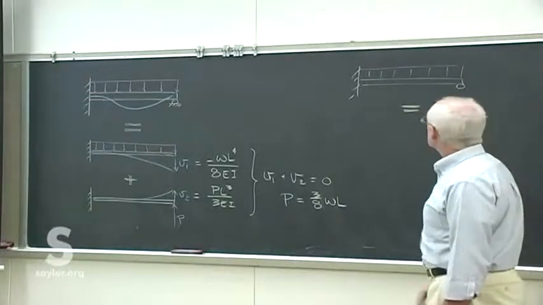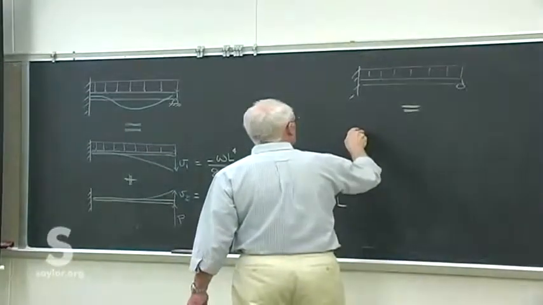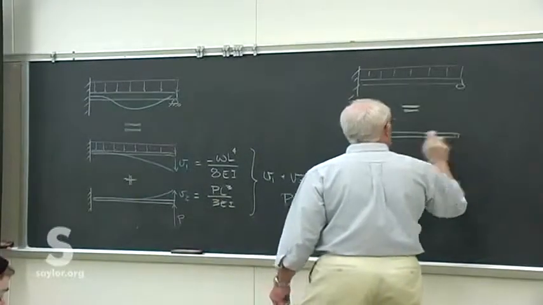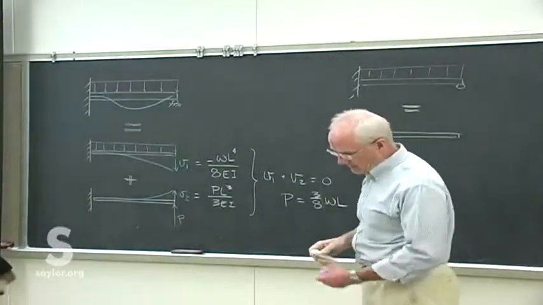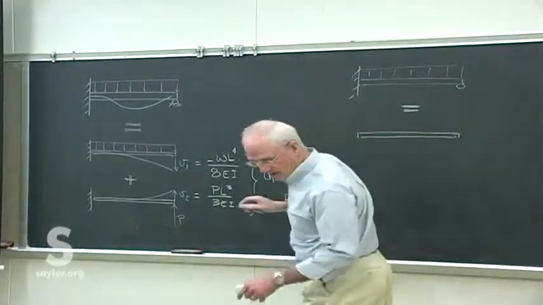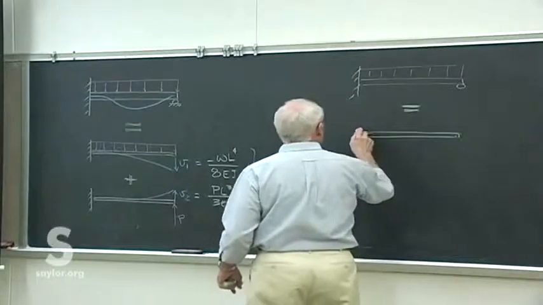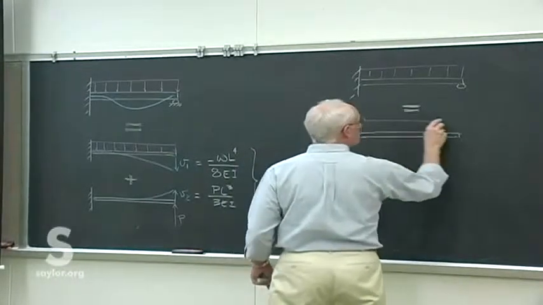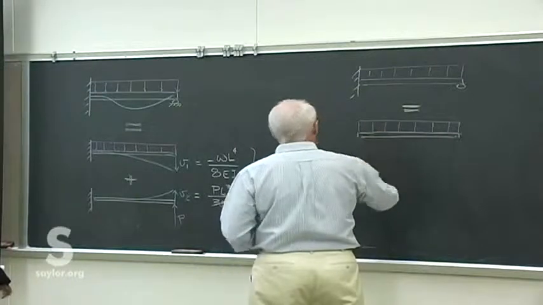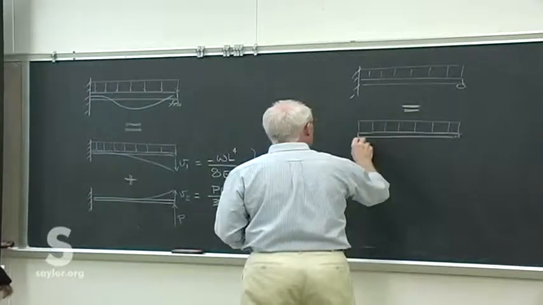So we'll split that into two models as well. One of them will be a simply supported beam. Actually, we're going to have to model this twice. So, a simply supported beam.